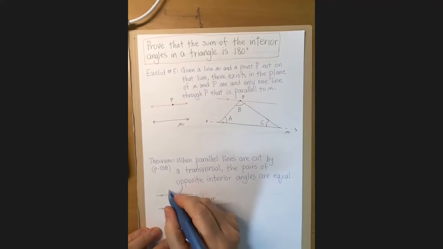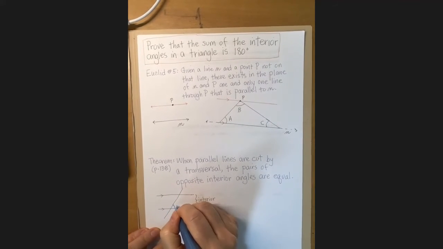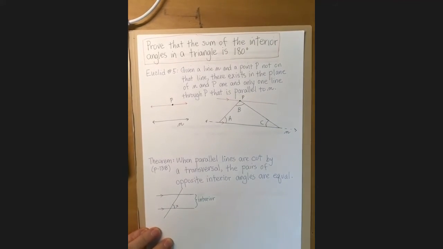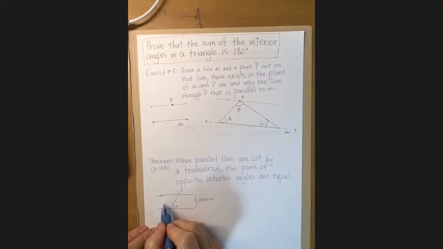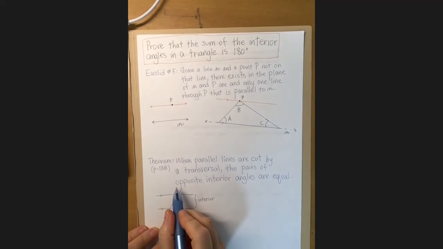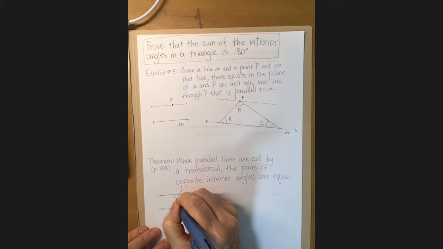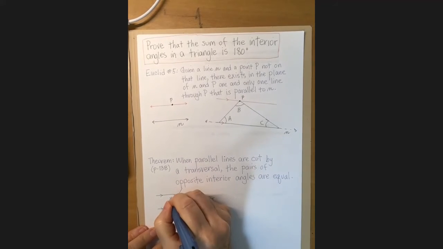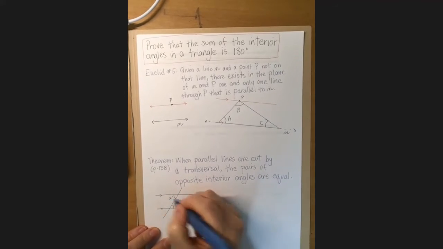So if I isolate this angle and call it X, what is its opposite interior angle? It's the angle that's on the other side of the transversal and hooks to the other parallel line. So it's this one. I'll call it X prime.